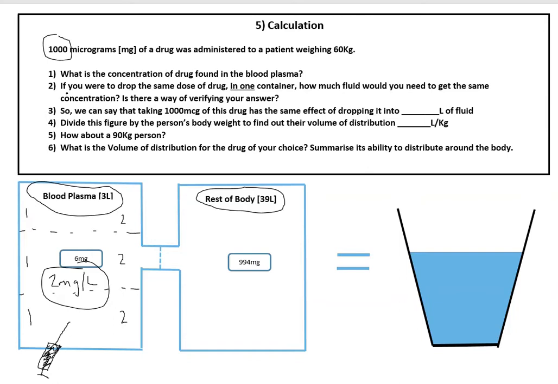So here is the key concept. If you're going to understand what volume of distribution is and means, this is the key step that we need to focus on. The question is, if you were to drop the same dose of drug in one container, how much fluid would you need to get the same concentration?